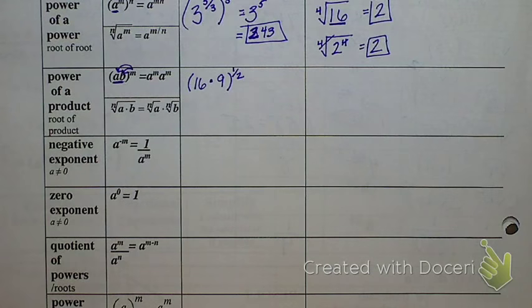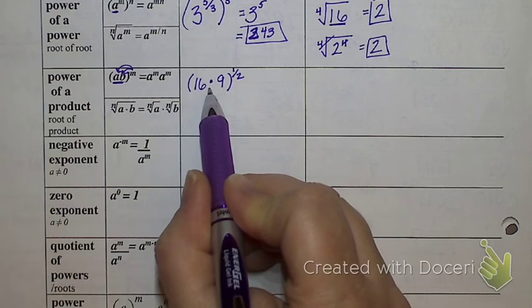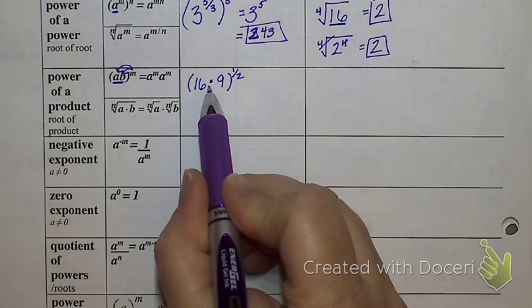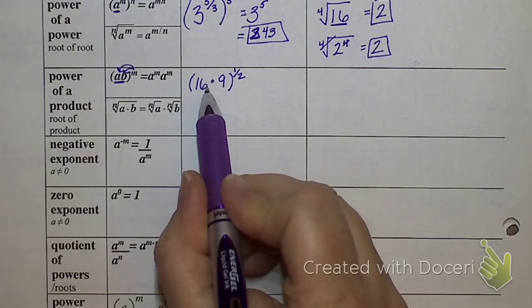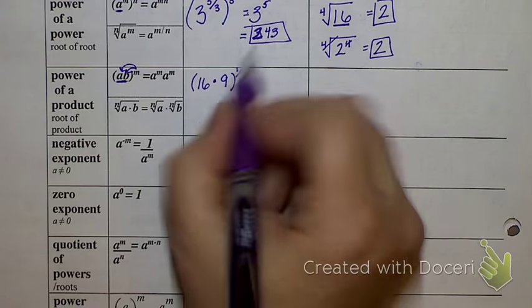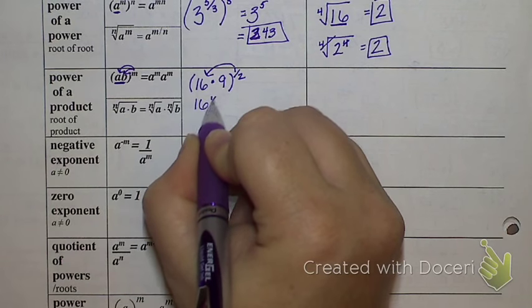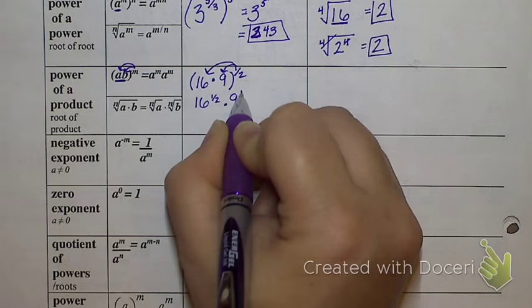Let's say I didn't want to do 16 times 9 because maybe I didn't have my calculator with me. Since this is multiplication inside, now that's the key, I'm going to say it again. Since this is multiplication inside, it doesn't work for addition, it doesn't work for subtraction, division we'll talk about in a minute, but it works for multiplication here. I can call this 16 to the 1/2 times 9 to the 1/2.